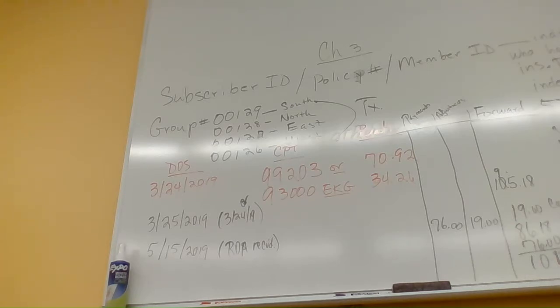Looking at this, this has $70.92 for that date of service. This date of service is $34.26. And that's fine, you want to put it like that.